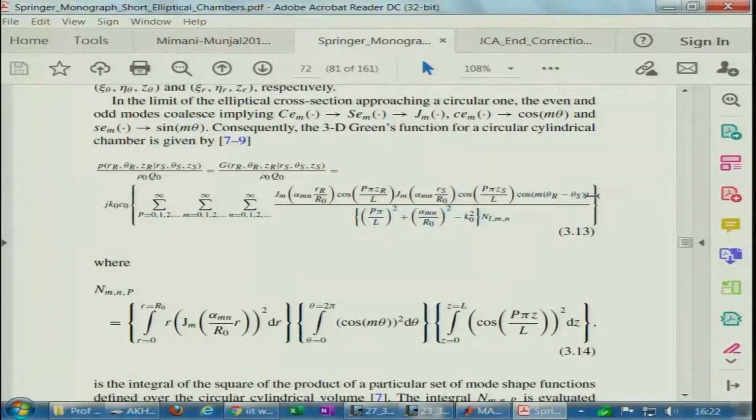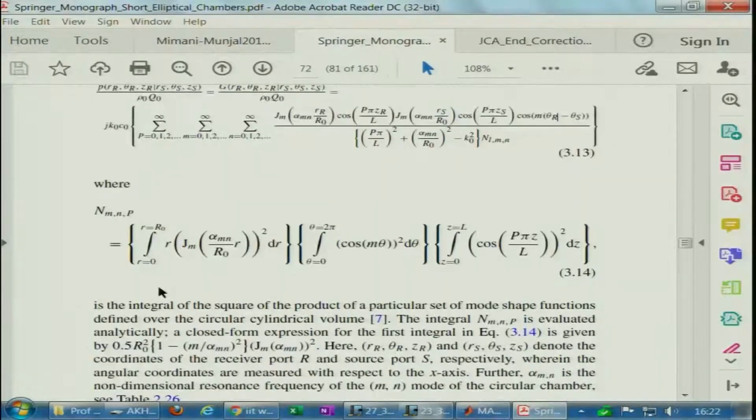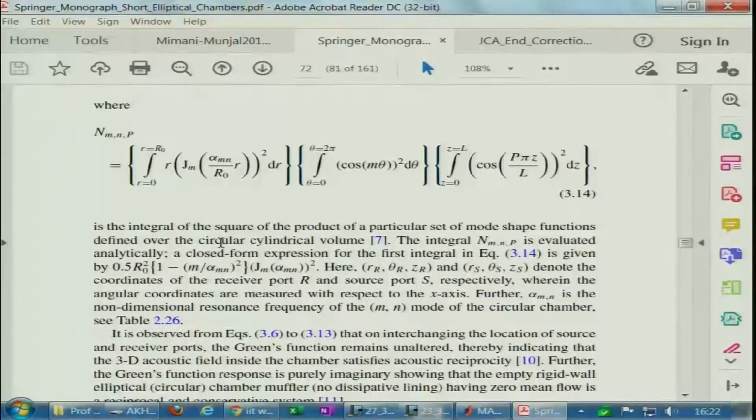This tells you that because of axisymmetry of the problem, only the relative angular difference between the inlet and outlet ports is of importance, not their absolute positions, unlike an elliptical duct. Now, these are, like I was saying, the integral of the square of the product of a particular set of mode shape functions. These are found by orthogonality. They are basically closed form expressions for that.